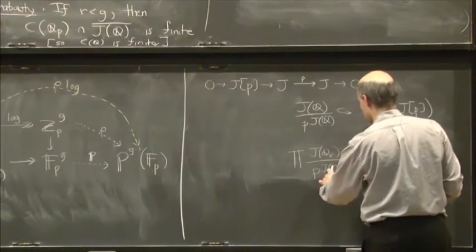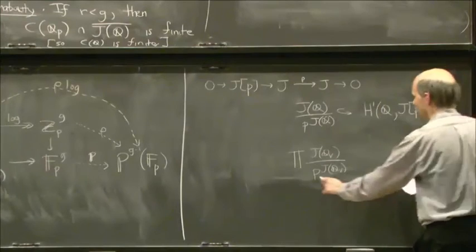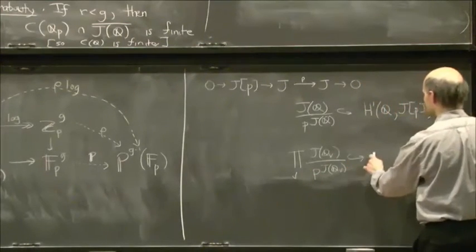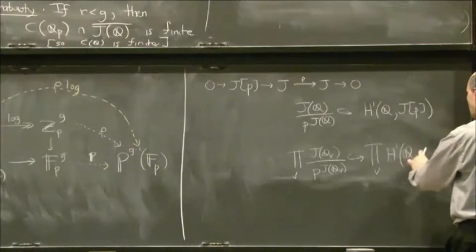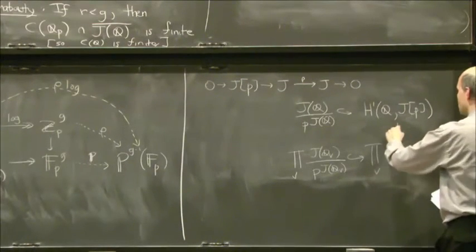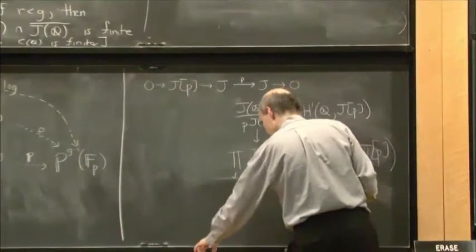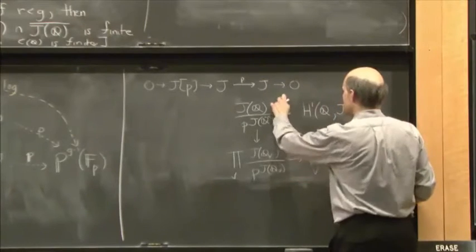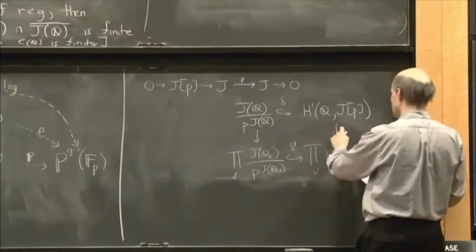So you can write the same sequence over any extension of Q, and so you can apply it to all the completions and get the corresponding homomorphism here, and then this makes a commutative square. Where I'll give these things names. Maybe this will be called the coboundary maps delta and delta prime, and this is restriction.